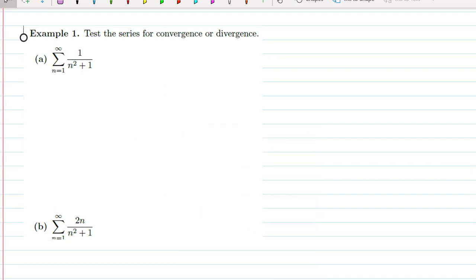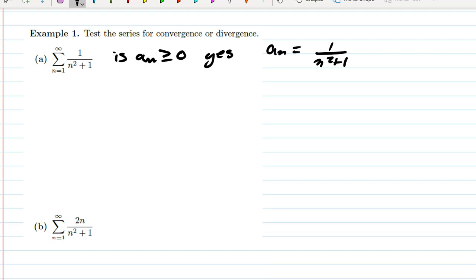So first thing we note is we have to check, is an always greater than or equal to 0? And the answer is yes. Our an is 1 over n squared plus 1. N squared is always positive. A positive plus a positive is positive. And a positive divided by a positive is positive. So our an is always greater than 0.